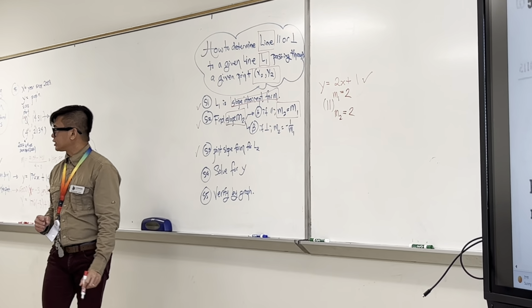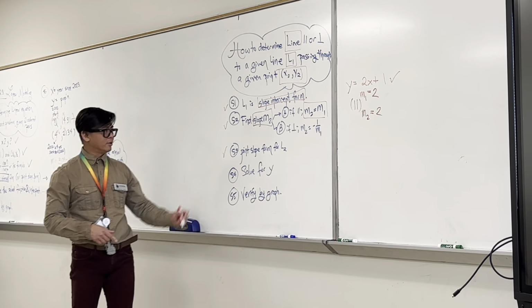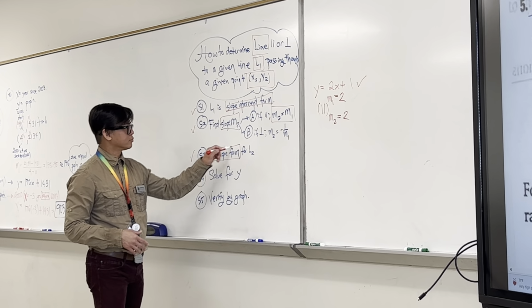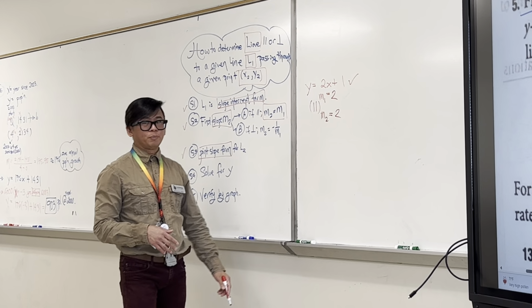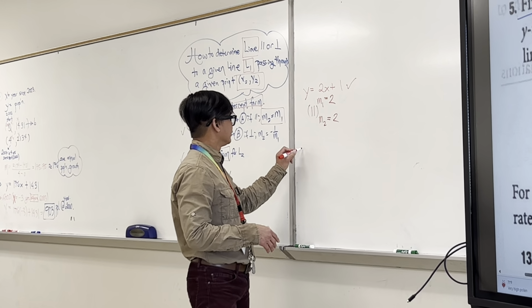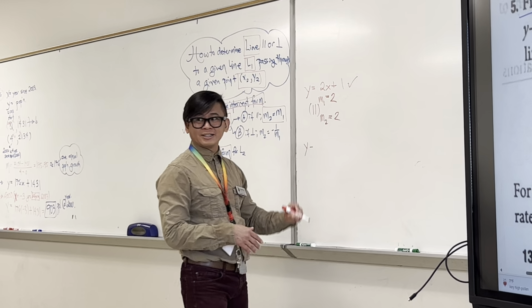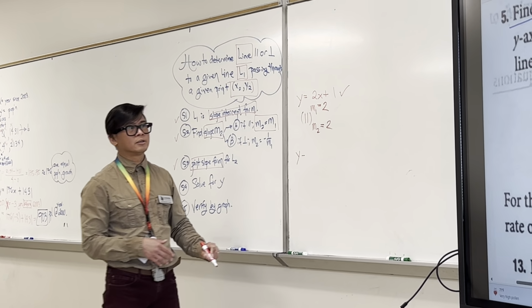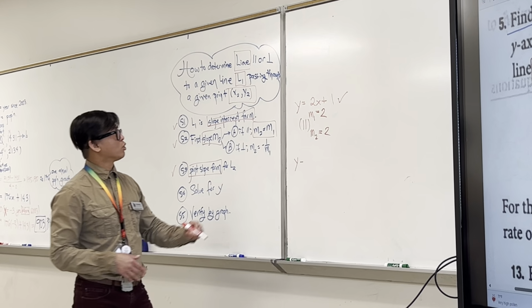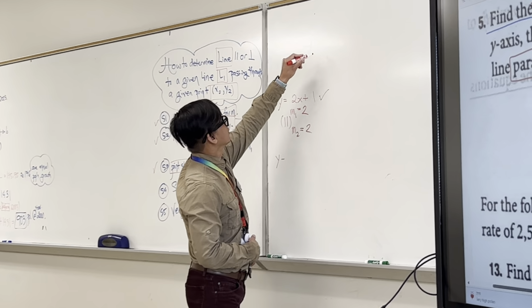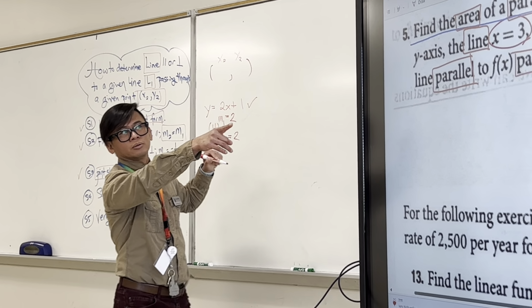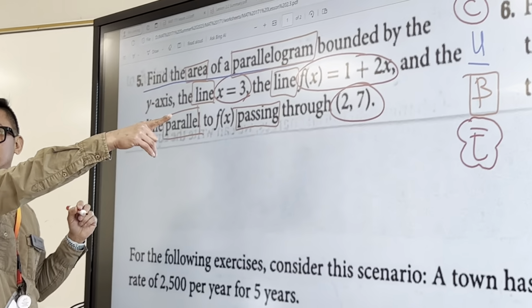Step number 3. How do we answer step number 3? Point-slope form. Thank you. What's the formula for point-slope form? y minus, what's our point here? What's our (x2, y2)? Passing through what values? (2, 7).